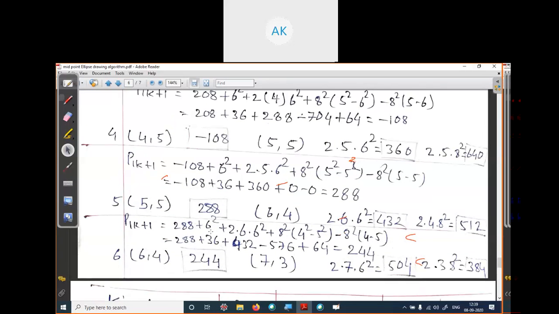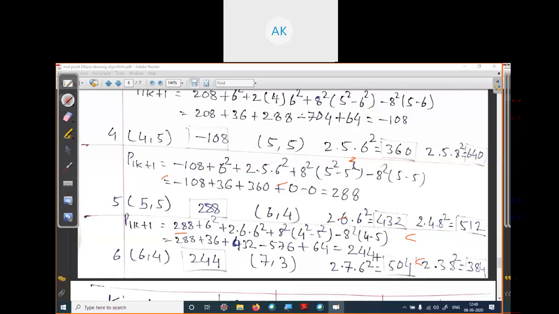Here we just put this value, the previous decision parameter, ry square into 2 into xk plus 1, which is 6, ry square plus rx square 8 square, yk plus 1 square. Yk plus 1 square means 4 square minus yk square, it's 5 square, minus rx square, which is 8 square, minus yk plus 1, 4 minus yk, 5.